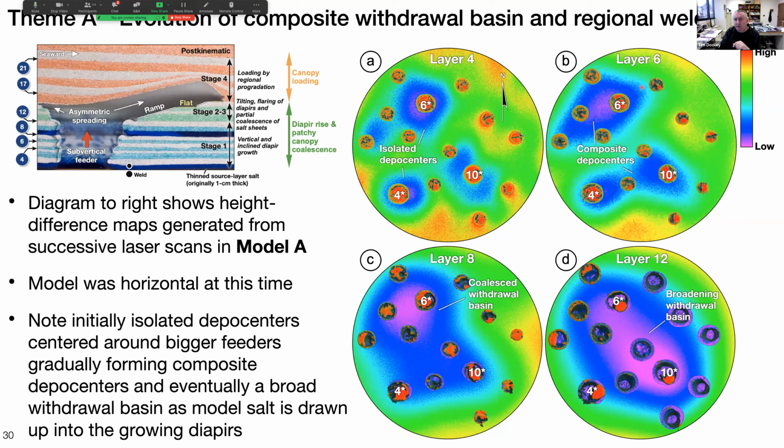And as we move onwards onto layer 6, then these begin to coalesce here into 2 composite, deeper centers. Then we begin to coalesce the entire thing, we begin to form this composite withdrawal basin, and this ends up onwards to here.